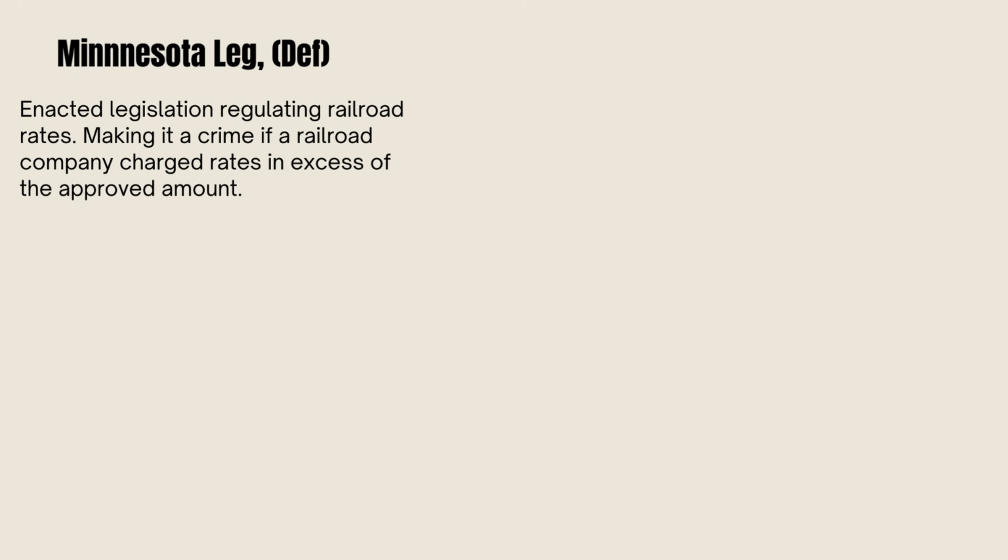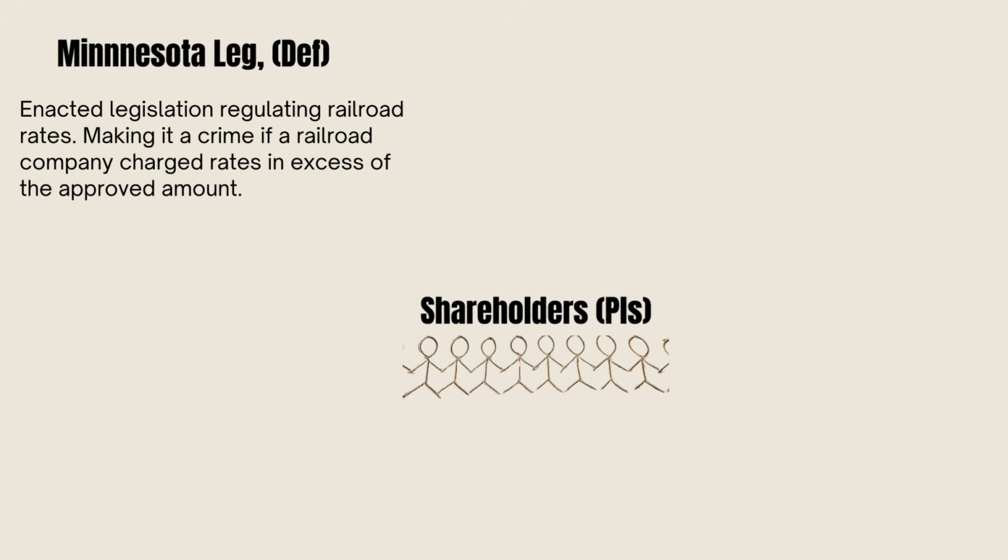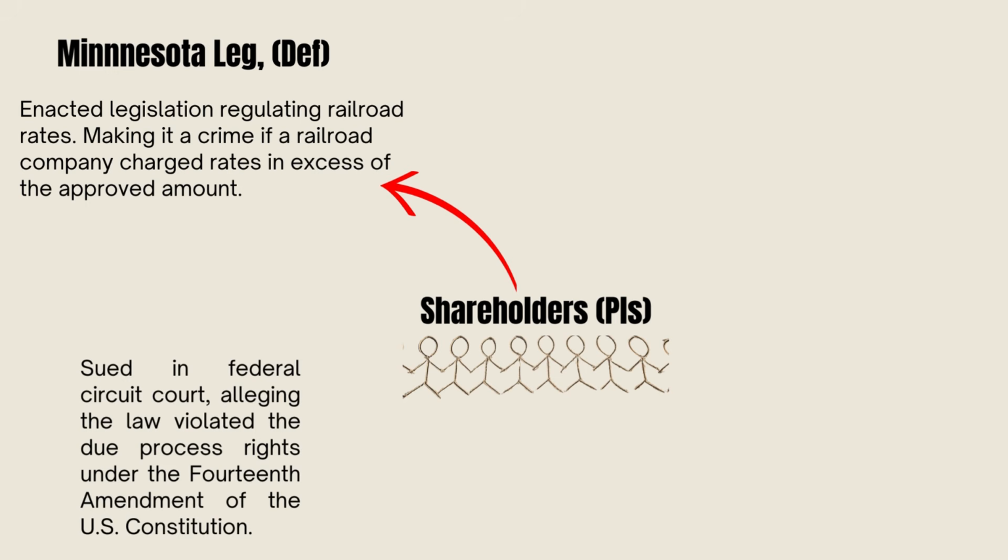The state of Minnesota legislature is the defendant. The legislature enacted a law regulating railroad rates, making it a crime if a railroad company charged rates in excess of the approved amount. And the shareholders of the railroad companies, who were the plaintiffs, became concerned. So the shareholders sued the state of Minnesota in federal court.